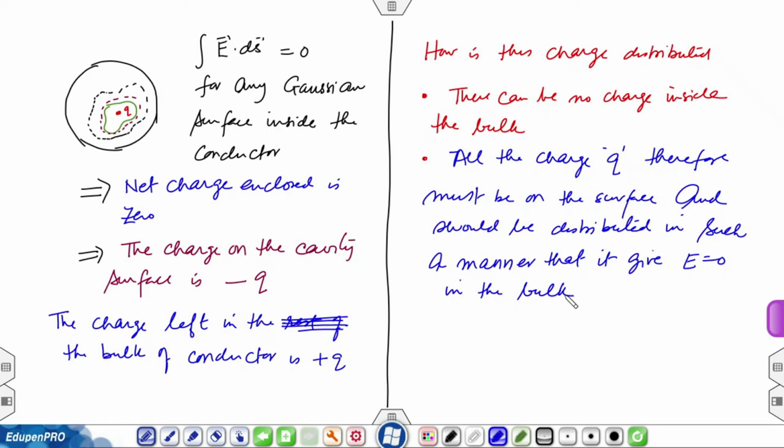Because remember, the charge inside the cavity and the surface charge induced on the cavity surface already gives 0 field. So, any extra charge has to give this field to be 0 no matter what, and this can happen.